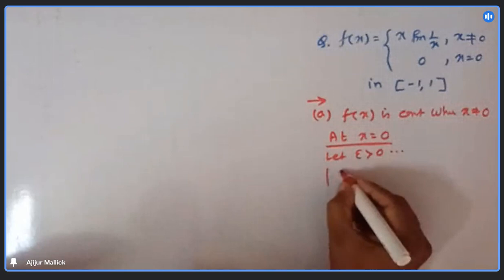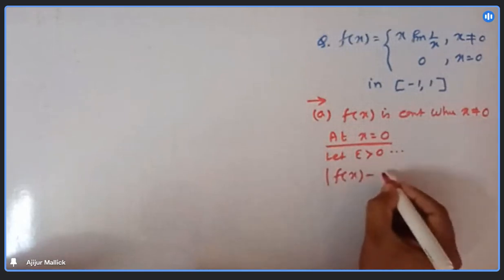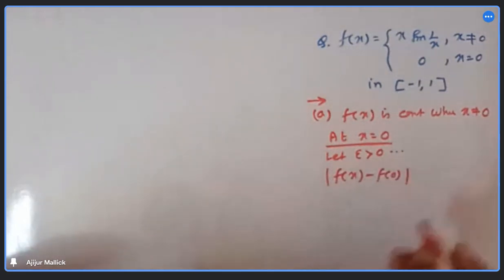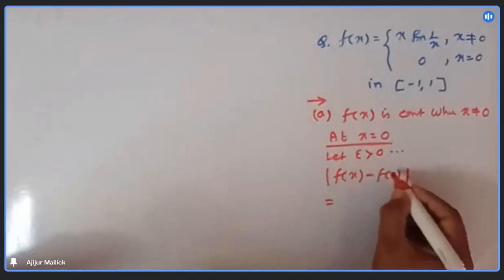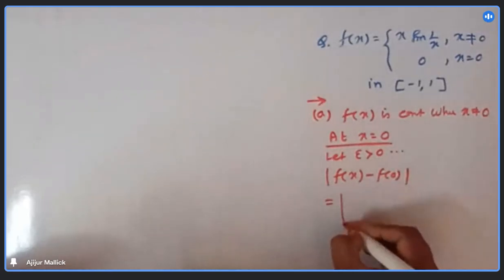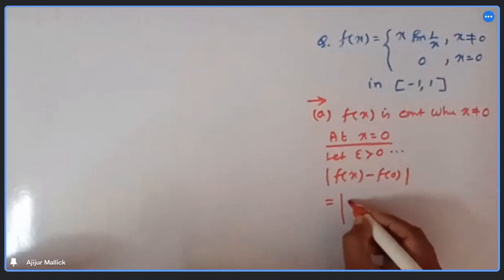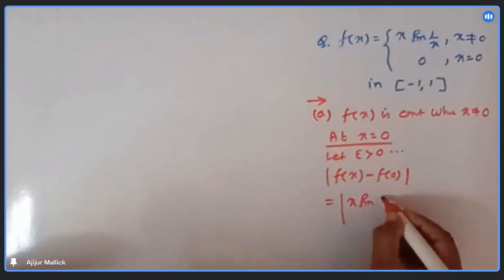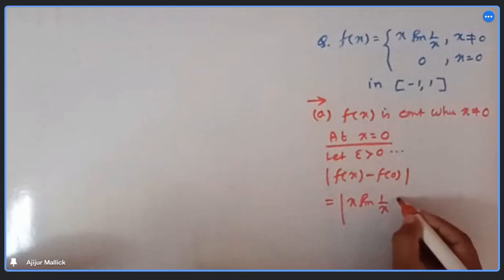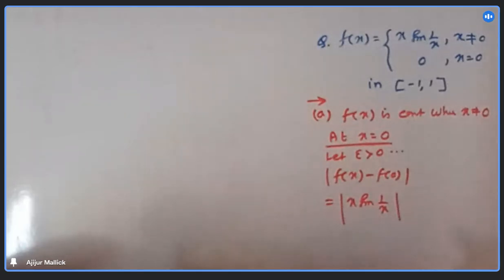So mod of f of x minus f of 0 is equal to x sine 1 by x minus f of 0, and f of 0 is equal to 0.